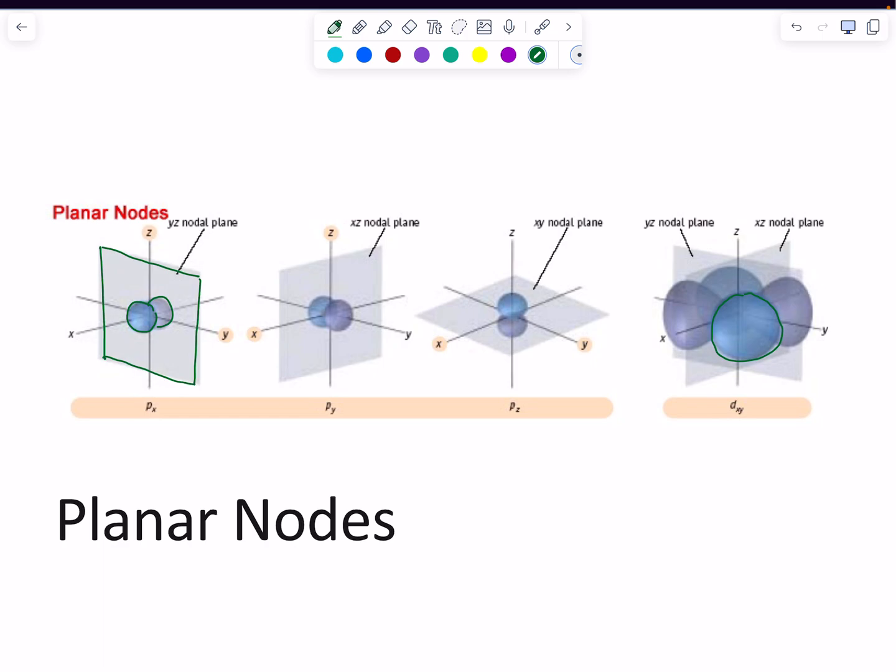So again, if you have a node in a mathematical function, it's a place where it kind of goes to 0, right? And so these are these planes that you can draw that kind of bisect some of these orbital shapes, places where you're not going to see an electron. The probability of the electron being there is 0.